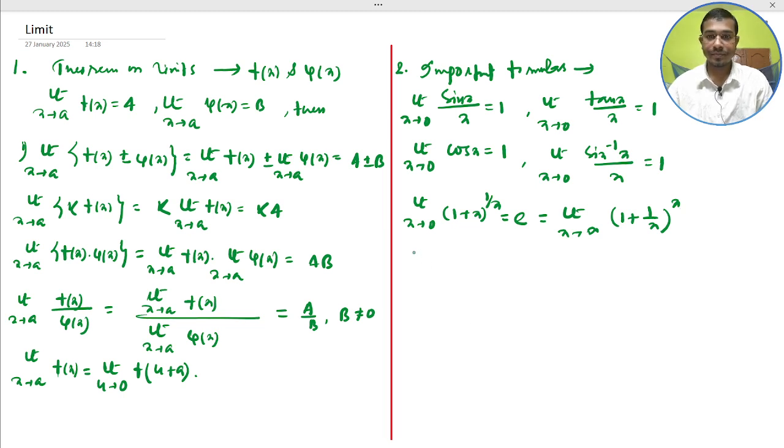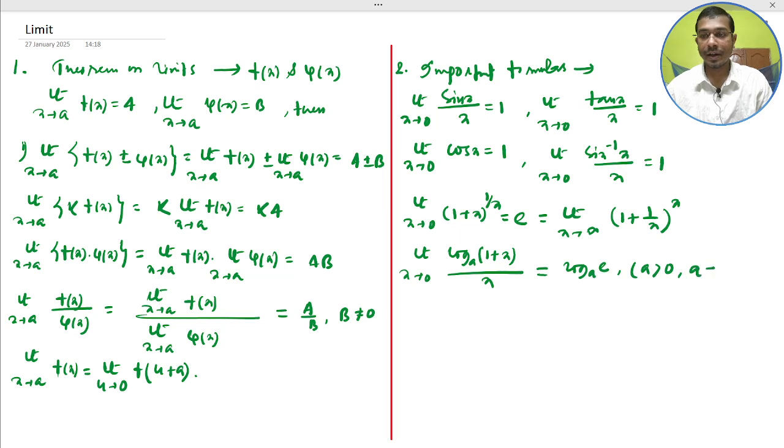Next one, this is also very important: limit x tends to 0 of log(1 plus x) divided by x is equal to log e, provided a must be greater than 0 and a not equal to 1. And limit x tends to 0 of log(1 plus x) divided by x equal to 1.